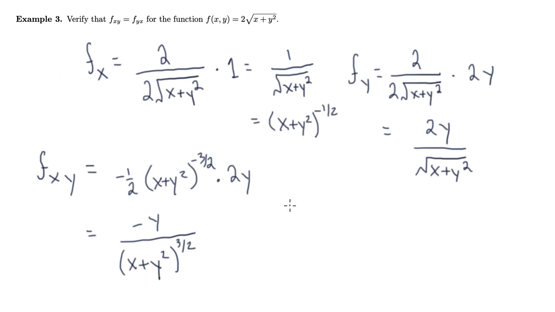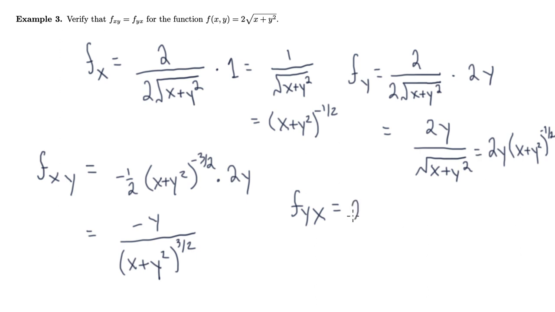Now let's take the derivative of f sub y with respect to x. So we're going to take the derivative of this with respect to x. But notice that this is just 2y times x plus y squared to the negative 1/2. So the derivative with respect to x, this is just a constant.